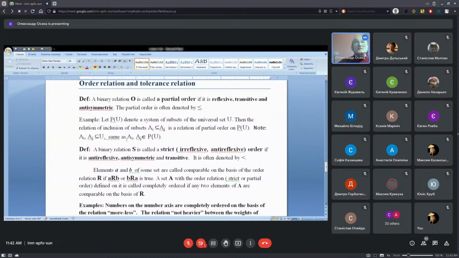And at the same time, these two subsets are elements of this power set of U. Okay.